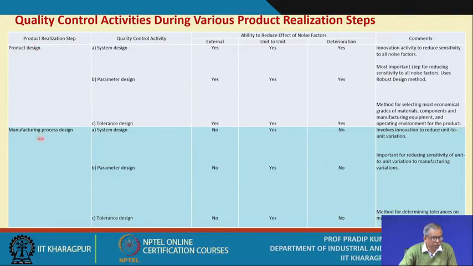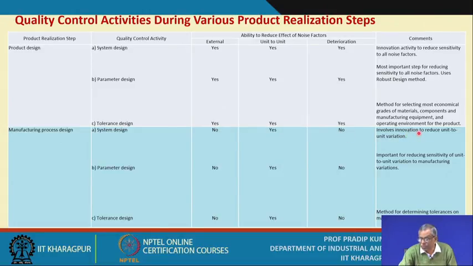Similarly, when we go to the next step, the product realization step, that is the manufacturing process design, again as far as system design is concerned at the process stage, there cannot be any countermeasures against external noise factors. Whereas for unit to unit variation, internal noise, there could be some countermeasures. But for product deterioration you cannot take any countermeasures.